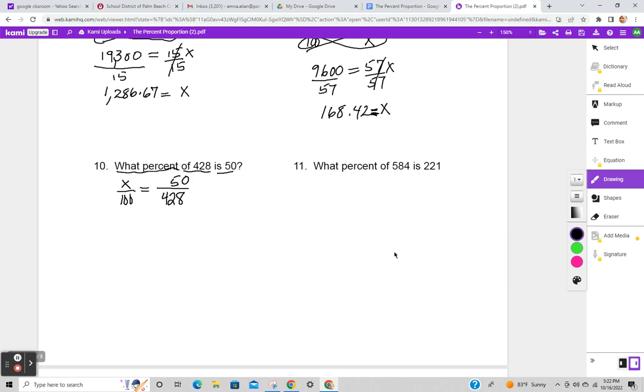So I'll take the cross product. So that's 5,000 equals this cross product, 428x. I forgot to circle, but I took this cross product. All right, now we're going to divide both sides by 428 to solve for x.